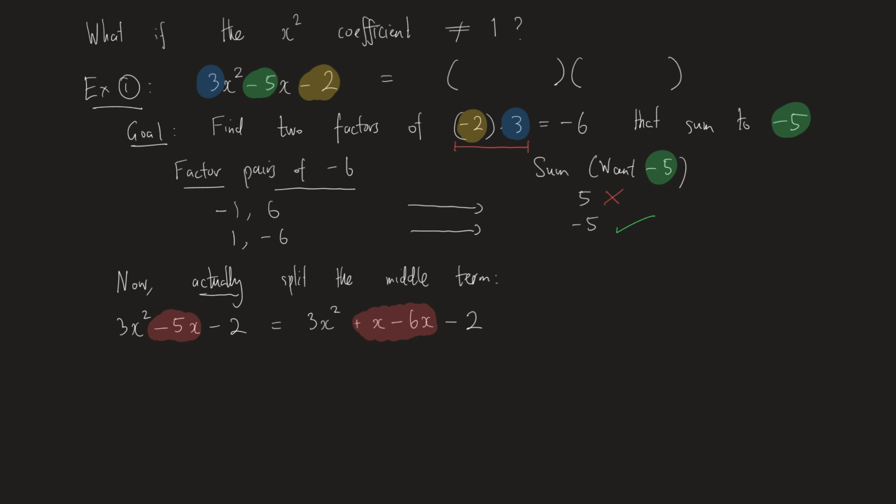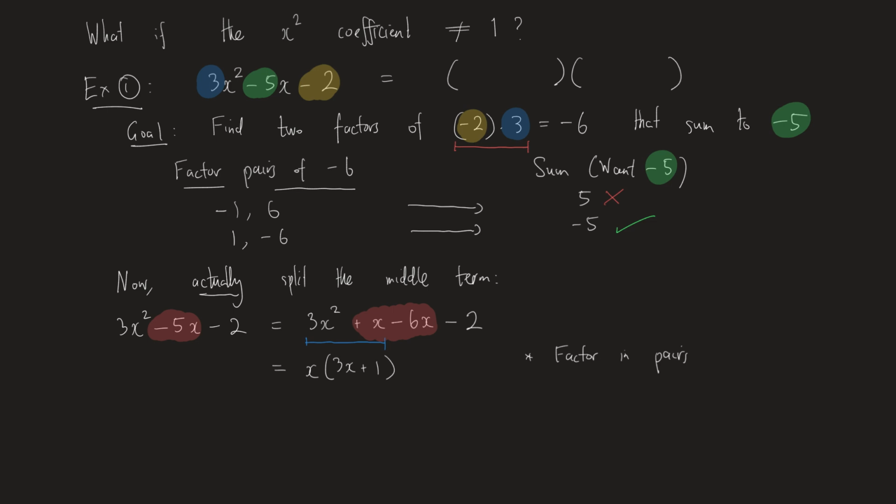Because now all we're going to do is we are going to factor in pairs. So the first two terms, the 3x squared plus the x, well, there's a common factor there, right? I've got that common factor of x that I can pull out, and that will leave behind 3x plus 1.